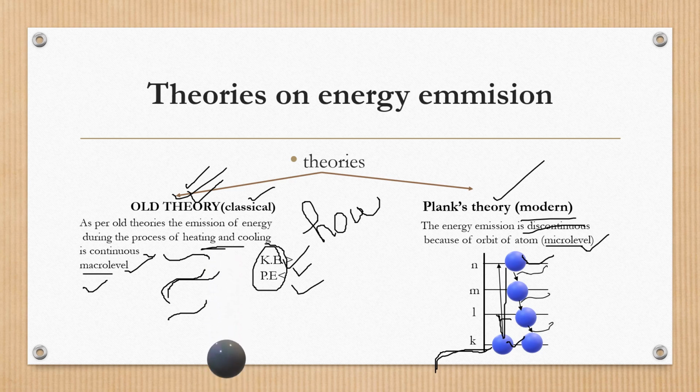Now that energy is discontinuous due to the meta state. What is the meta state? It is the condition in which the electron comes to a minor stable state or stops for a second. That state is known as the meta state. And this kind of energy that cannot be seen is termed as quanta.